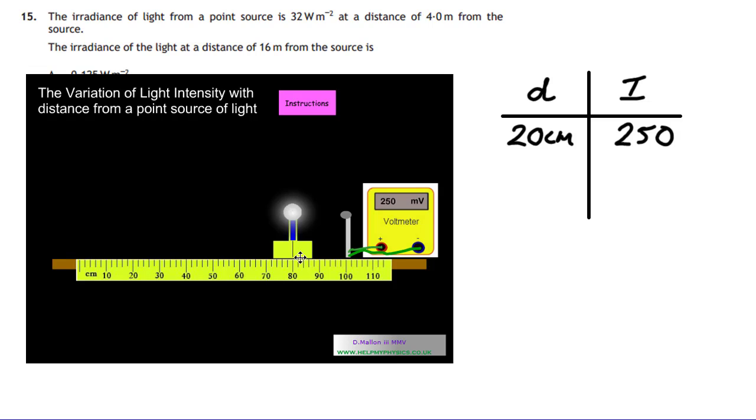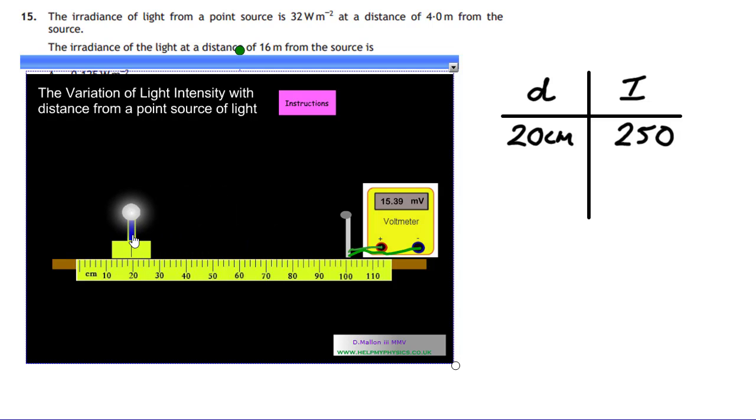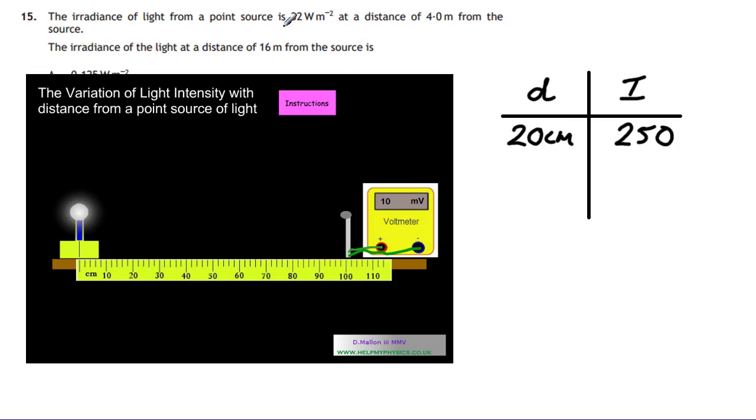Now, if I move the point light source away to the end, I have moved it 100 centimeters from the detector. So we're now at 100 centimeters from the detector, and we have to find the new irradiance. Well, obviously it's going to go down to 10 units. But let's see how quickly we can do this, knowing the inverse square law. You see, I have multiplied the distance by 5.